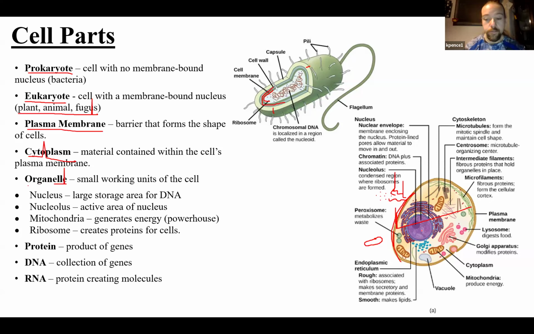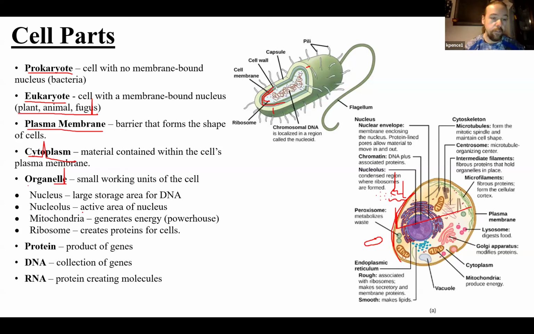So again, nucleus holds the DNA, rough ER makes proteins, mitochondria makes ATP, centrioles move things around inside the cell, lysosomes digest, peroxisomes detoxify, microtubules hold the shape of the cell. So all those technically are organelles.